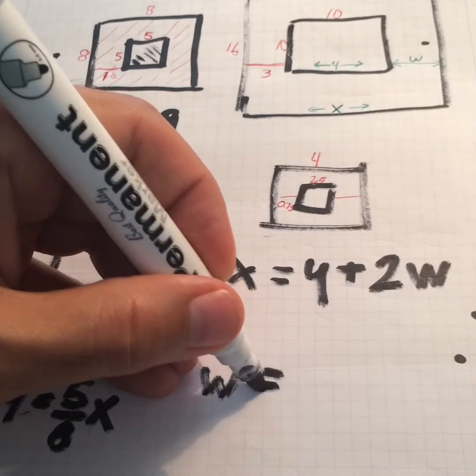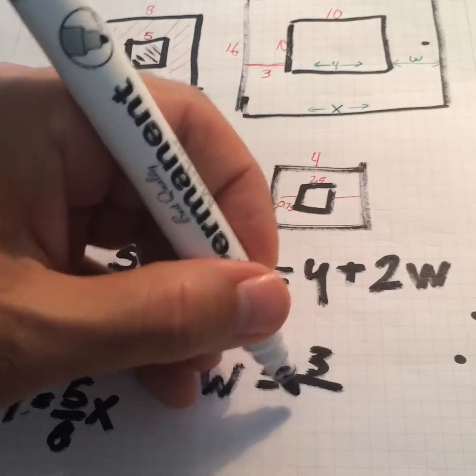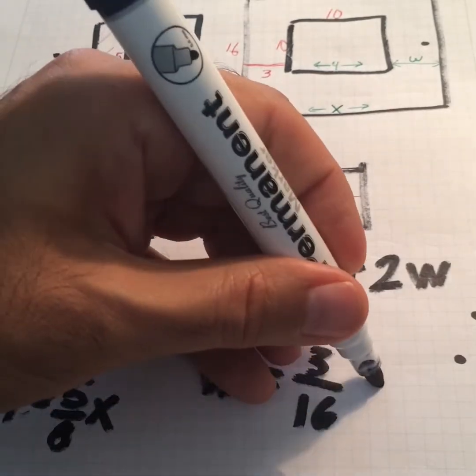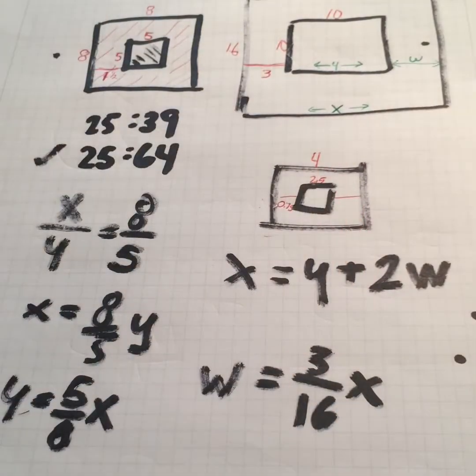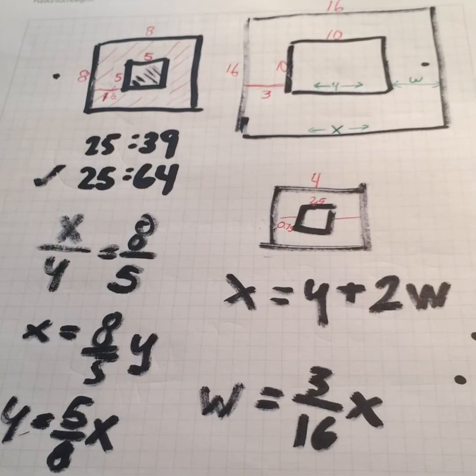W equals 3 over 16x. So let's stop right here. We have an equation where W, the width of the wooden strip, is in proportion to the larger side length. W equals 3/16 x.